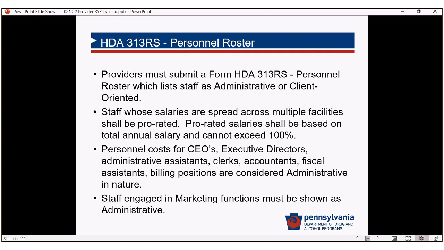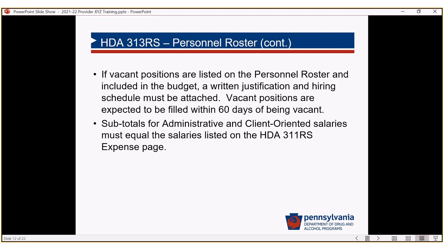So we would not want you to submit a packet that would include 130% for someone's salaries. Personnel such as the CEO, the executive directors, the administrative assistants, clerks, accountants, and billing positions are all considered administrative in nature, as well as your marketing staff.